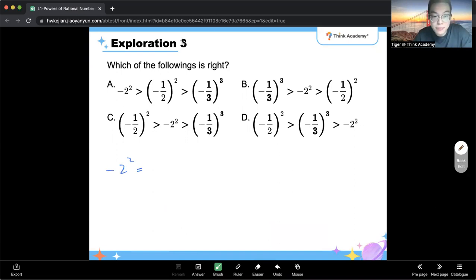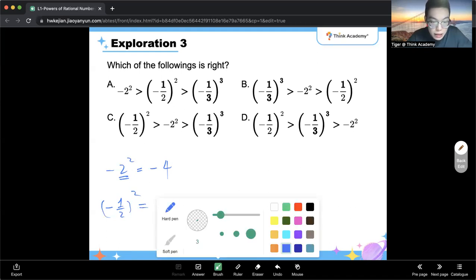Yeah, that's right. That's going to be -4, right? Because only the 2 is counted as the base without the parentheses. Okay, what about the next one? -1/2 in brackets squared. What is the value of it? That's right.